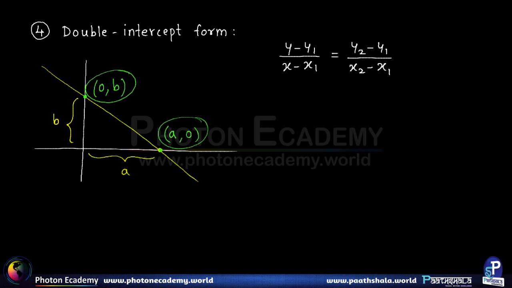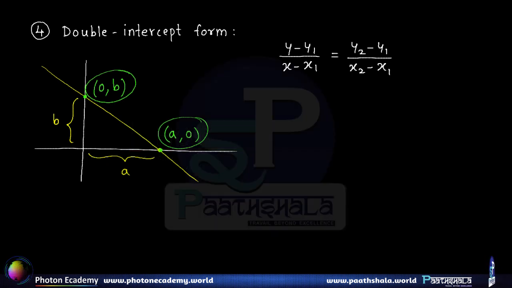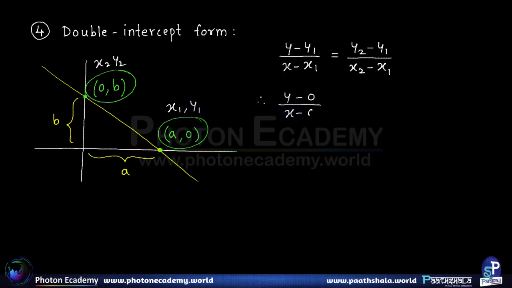Let us assume one of the points arbitrarily as the first point, although no such order is required. Let's put these values in the equation. So we have y minus 0 upon x minus a, equals y2 minus y1, so it is b minus 0 upon 0 minus a.